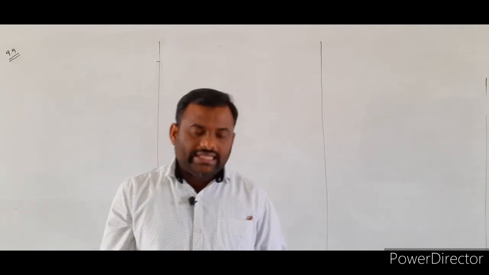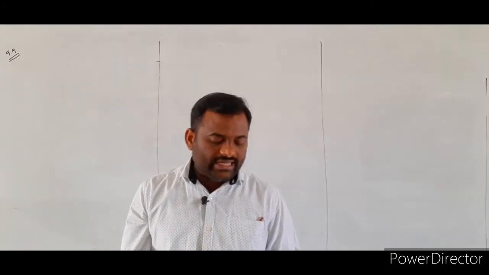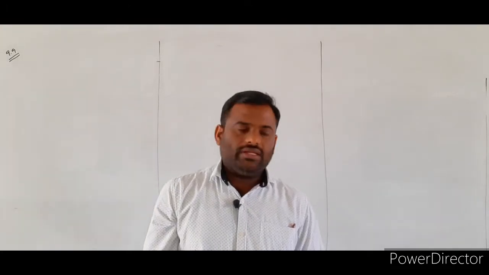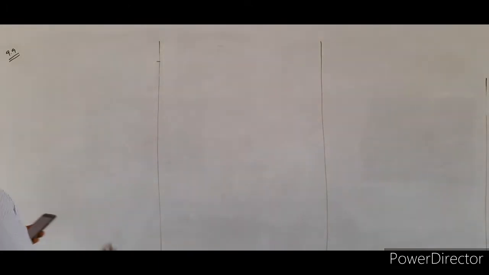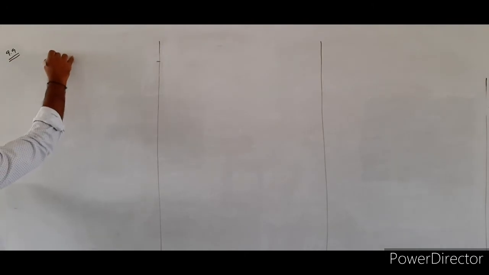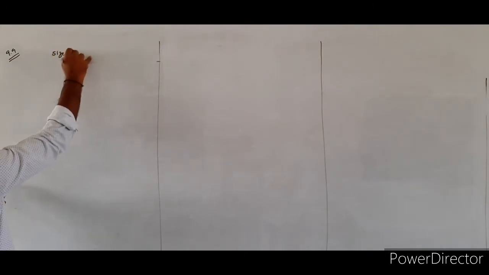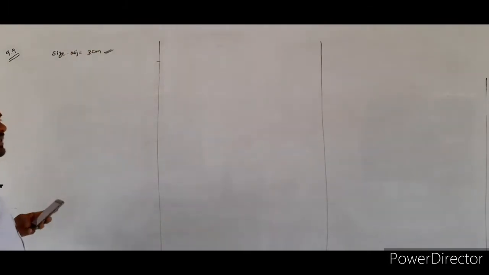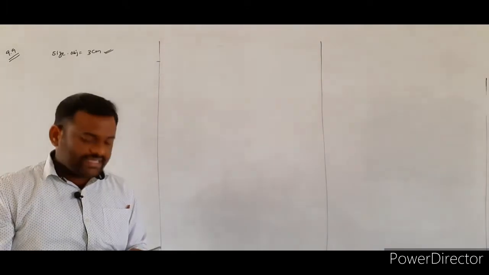9.9. An object of size 3 centimeter is placed at a distance of 14 centimeter in front of a concave lens of focal length 21 centimeter. First we will write the given data. The size of the object, or height of the object, is 3 centimeter.